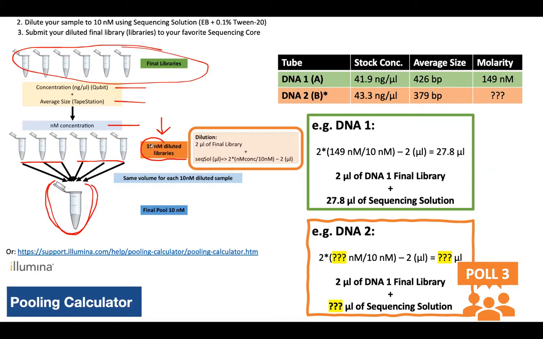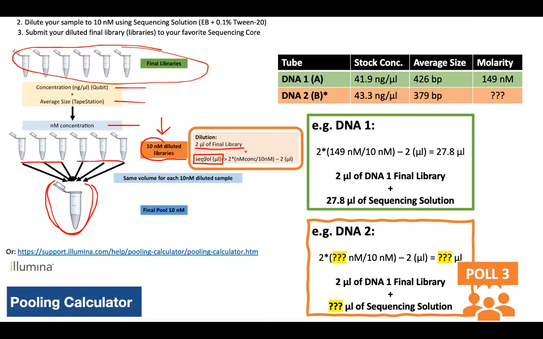How you prepare a 10 nanomolar dilution is pretty easy. I usually prefer to pipette 2 microliters of my final library, and then add the appropriate amount in microliters of the sequencing solution. The sequencing solution is the solution that you mix your final library with before submission.